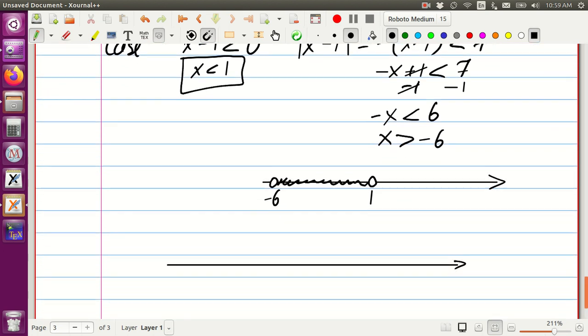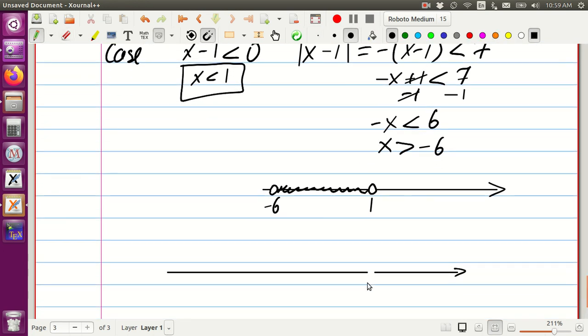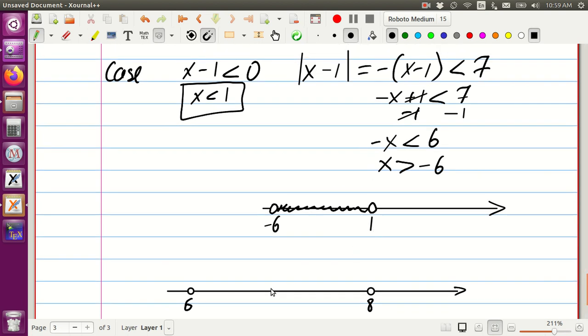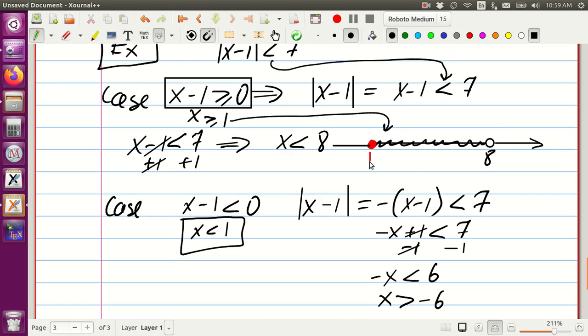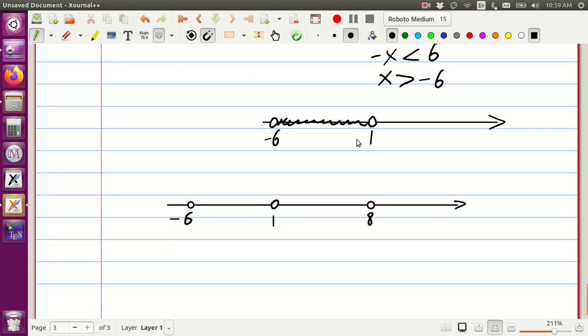On the right side we have an empty circle for 8, and on the left side an empty circle for −6. In the middle we have an empty circle for 1, but if we look over here, we have to fill it in from the first part. It was empty from the second part, but the first part fills it in. And so our solution will go all the way from −6 to positive 8.